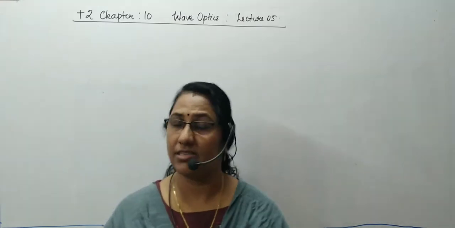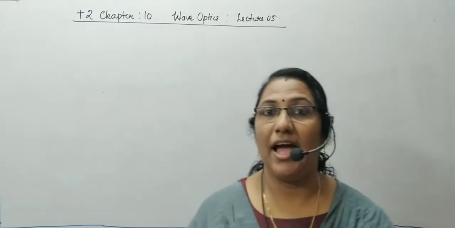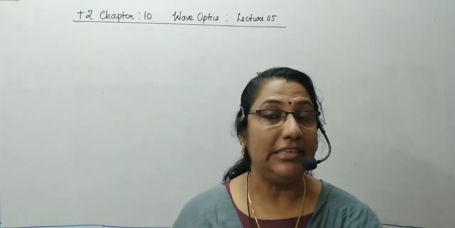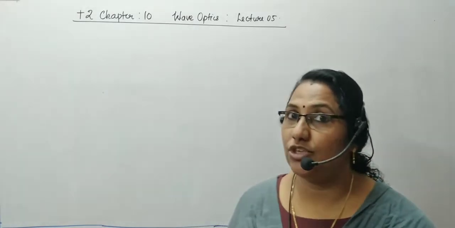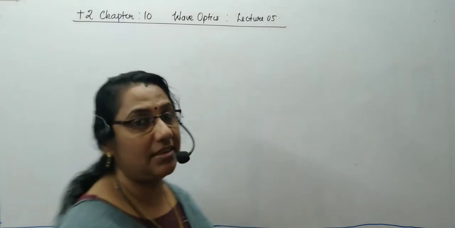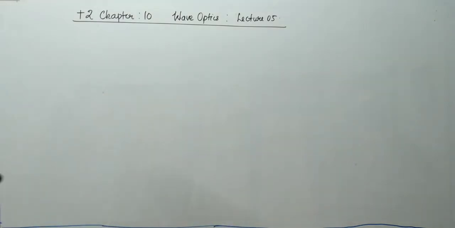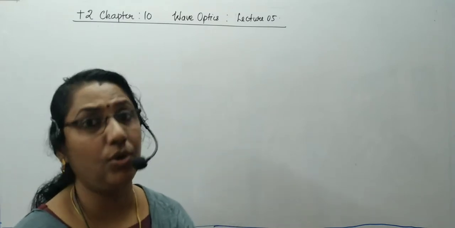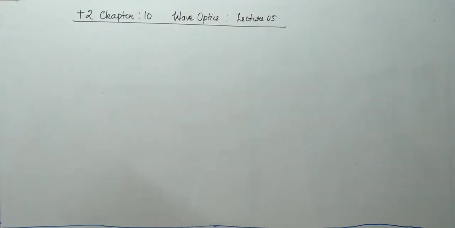Finally, the band width, the fringe width beta, which is the distance between two successive bright or dark bands, is lambda D by d. Today we are going to continue the same topic, Young's double slit experiment, with the remaining topic.